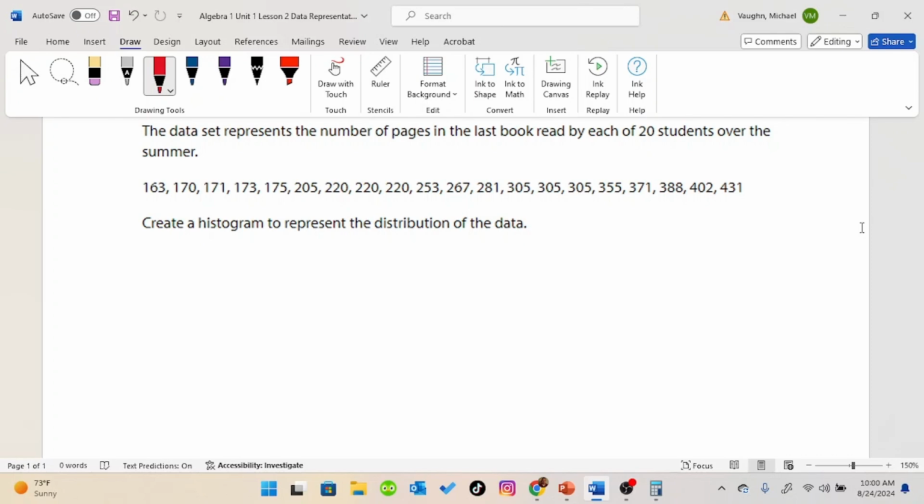We look at our numbers and they're already in order from smallest to largest. And we need to be able to go all the way from 163 to 431. So I'm going to make my buckets every 30. I'm going to start at 150, and then I will do increments of 30.